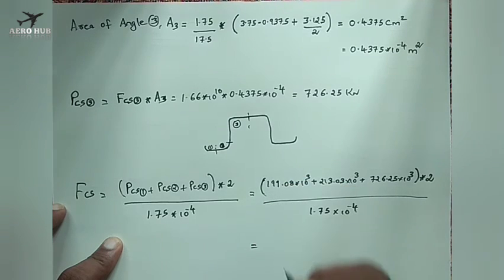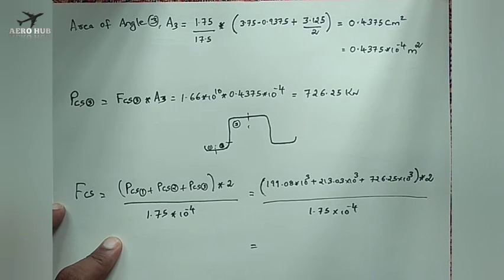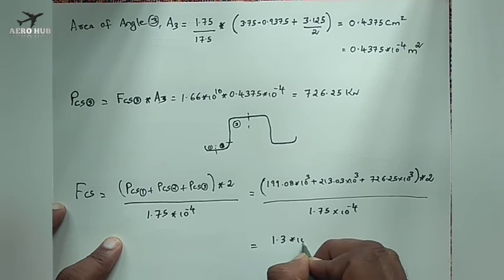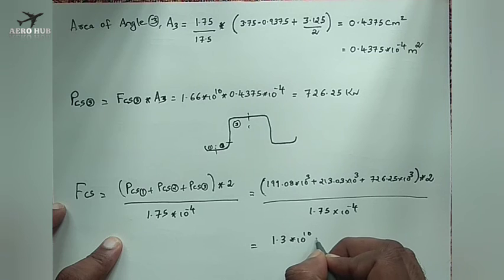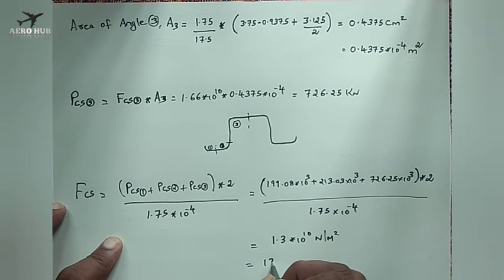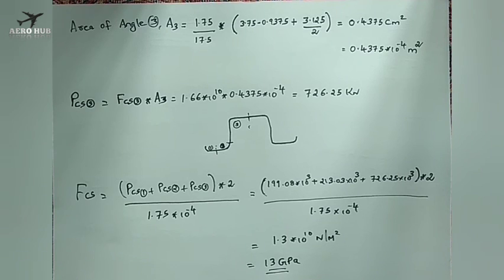When you substitute and simplify, I'll be getting the value of crippling stress for the entire section: 1.3 into 10 power 10 Newton per meter square, and it's nothing but 13 gigapascal. This is the value of crippling stress for this hat section.